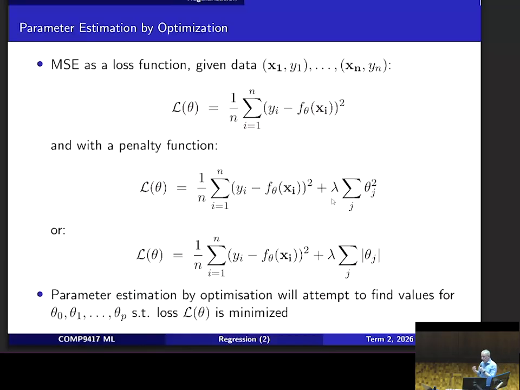It could actually be learned as part of something like gradient descent, or it could be given to you ahead of time. It tells you how much weight you're going to put on the penalty with respect to the mean squared error. A different version of this is just to take the absolute value of the parameters. You can think about what the different effects will be here. I won't go into it.